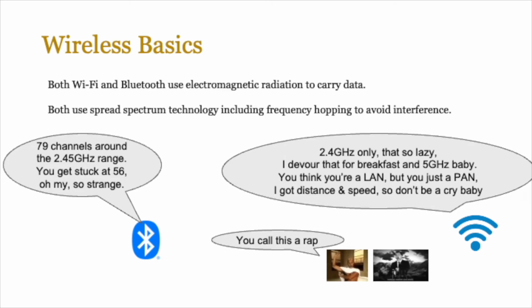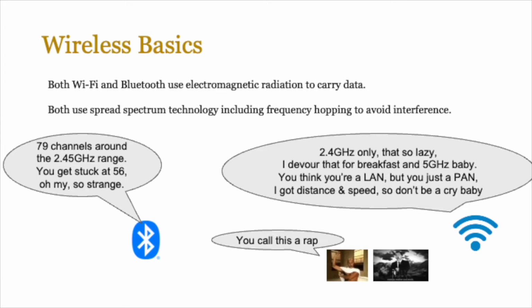Now, both Wi-Fi and Bluetooth are technologies that use electromagnetic radiation to carry data. Both use something called spread spectrum technology, including frequency hopping, to avoid interference. Spread spectrum technology basically is spreading a lot of channels over a particular frequency, and frequency hopping is a technique used by both Bluetooth and Wi-Fi to avoid different devices connecting to each other on the same channel.